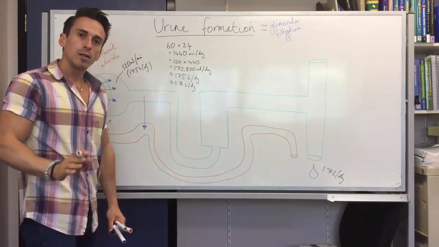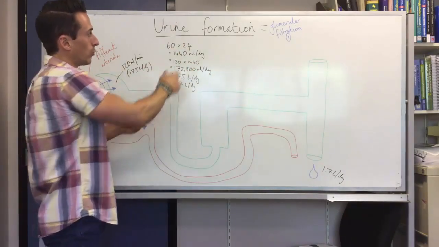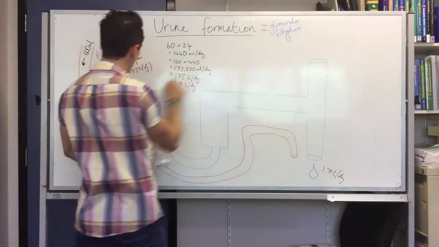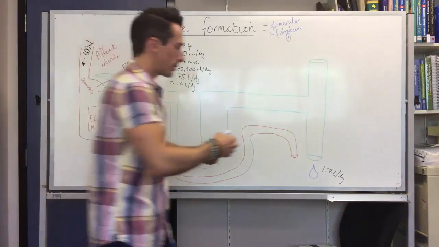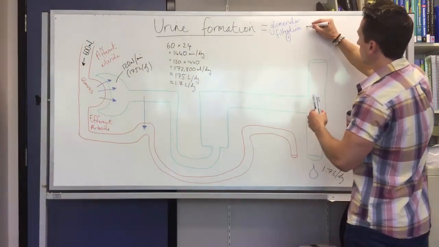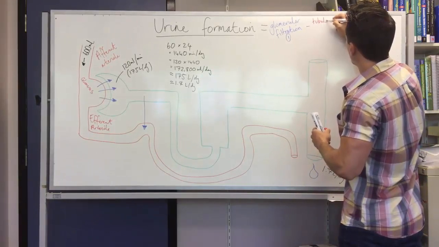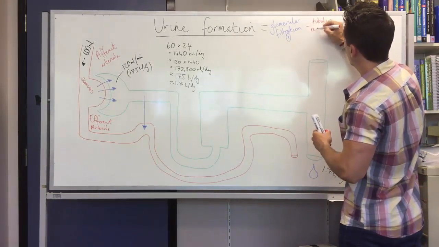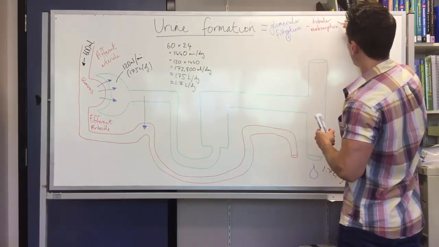Okay? So that means that in order to create urine, we need to add something else to this equation. We said urine formation is equal to glomerular filtration, which is 120 mils per minute, minus tubular reabsorption, right?